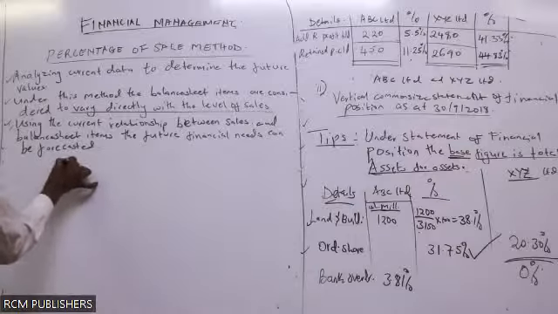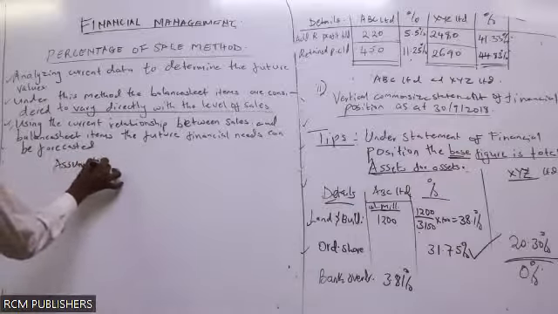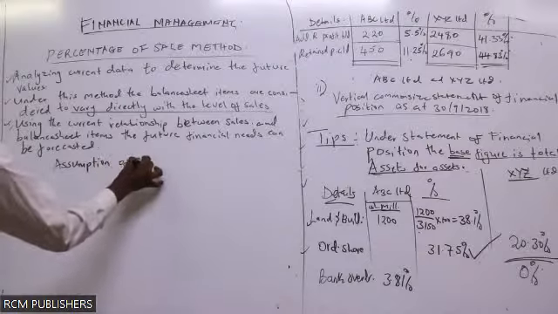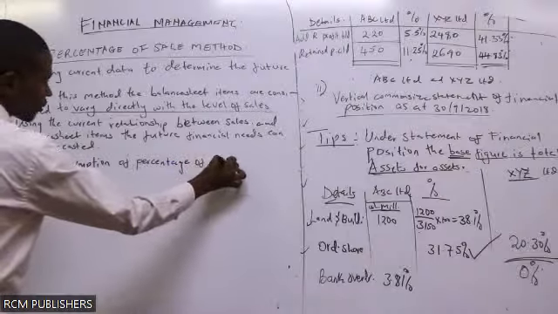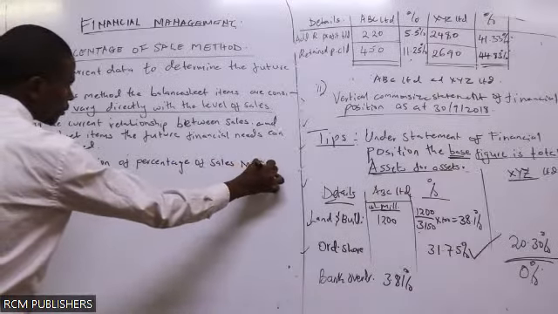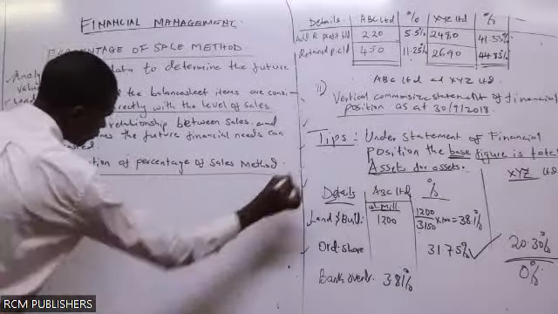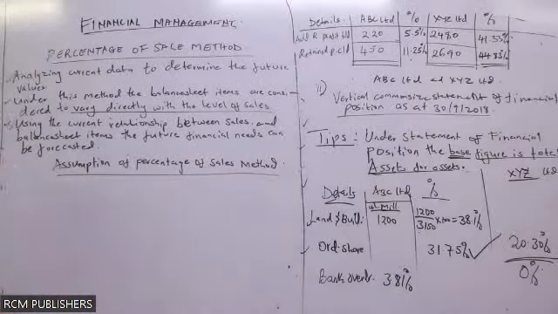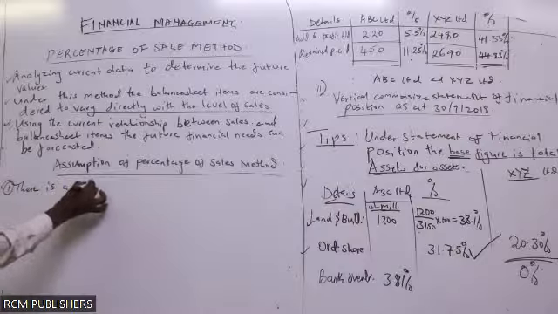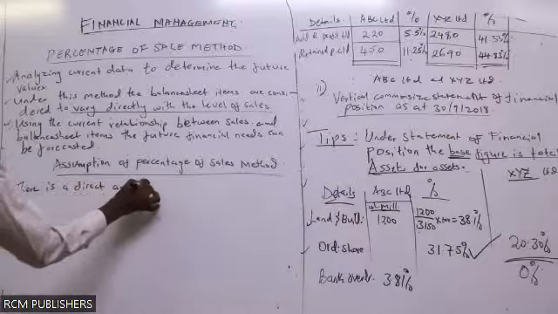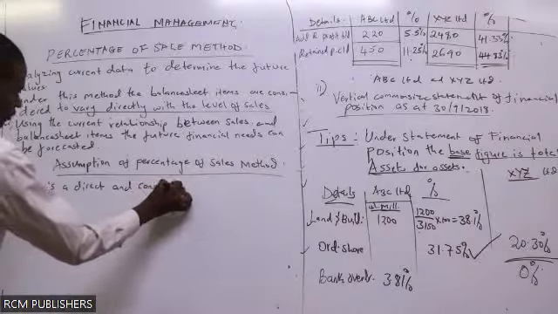So I just have them. Assumptions. We go with the assumptions of the percentage of sales method. Number one, there is a direct and constant relationship.